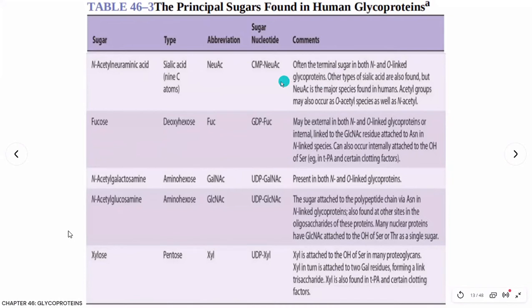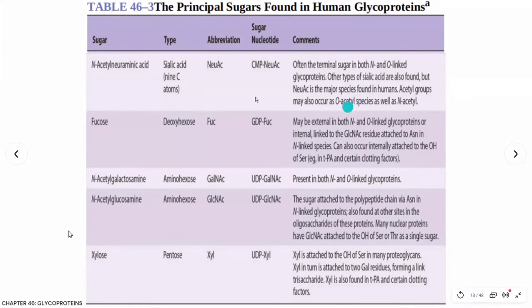So they are found at the ends. Other types of sialic acid are also found, but N-acetylneuraminic acid is the major species found in humans. Now, the acetyl groups can also occur as oxygen-linked species, instead of nitrogen.